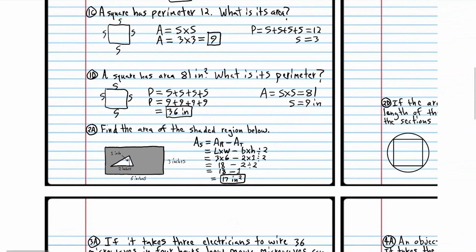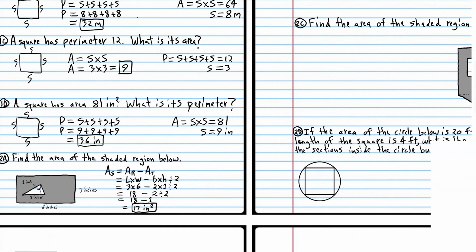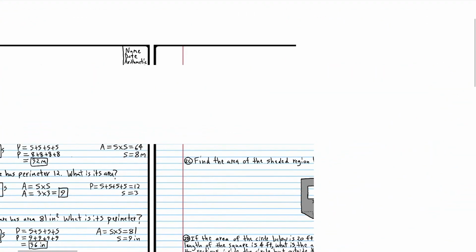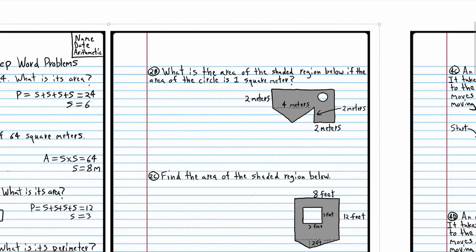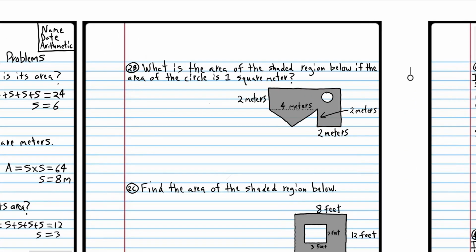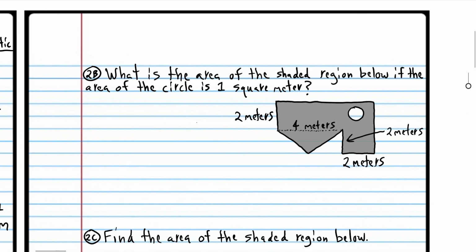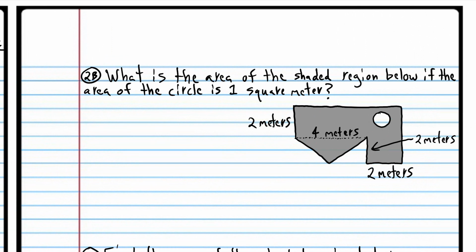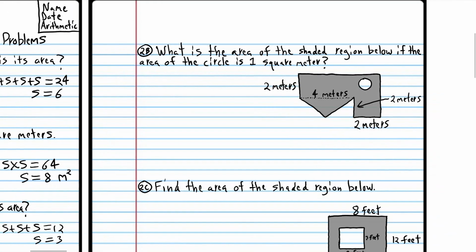So let's try another one of those. Before you do one on your own, let's try 2b. What is the area of the shaded region below if the area of the circle is 1 square meter? So again, this is a composite figure.